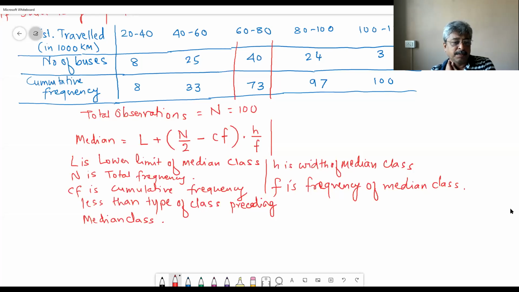Total number of observations N is equal to 100. L is the lower limit of the median class, so in our case L is 60. CF is the cumulative frequency of the class preceding the median class, so 33.